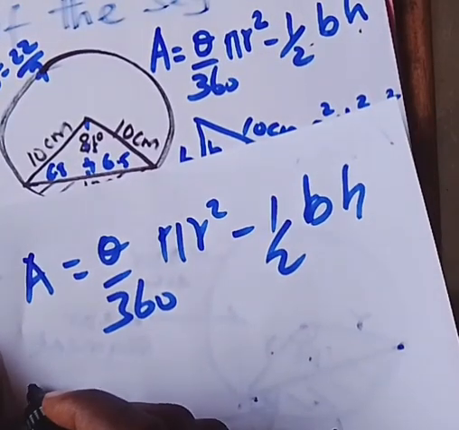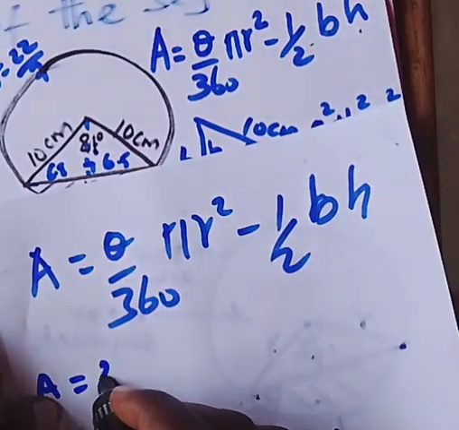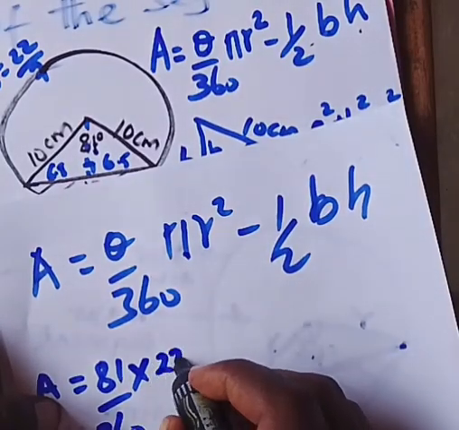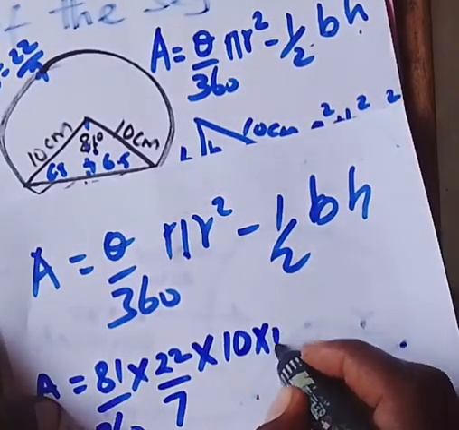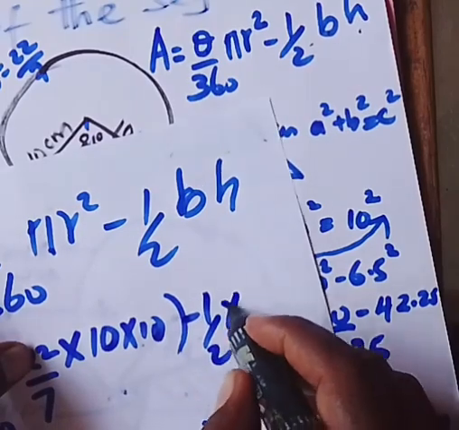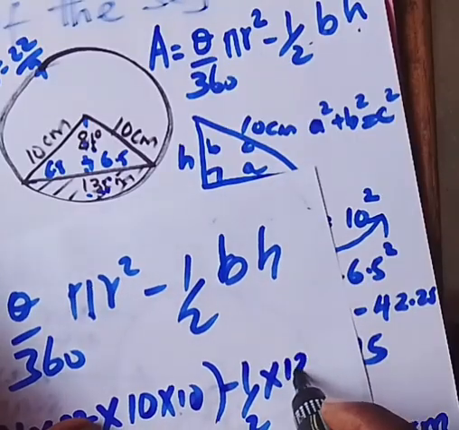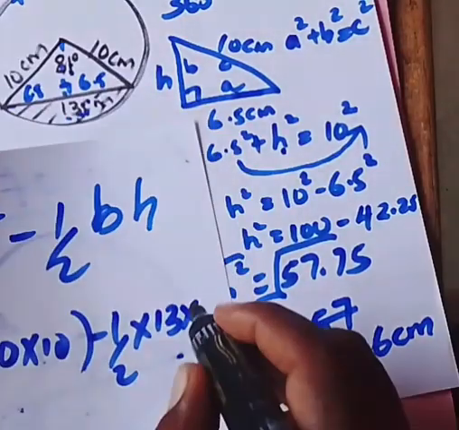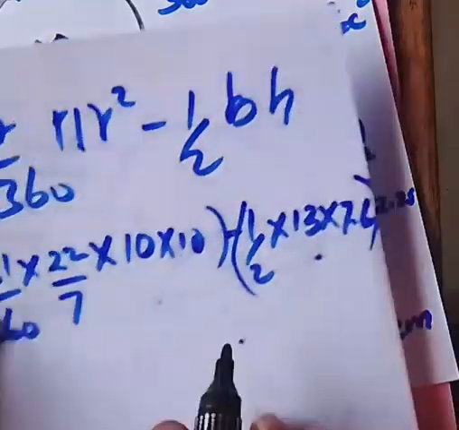We will say the area will be given by theta is 81. So you will say 81 over 360 times pi, which is 22 over 7, times the radius, which is 10 times 10. Can put that one in bracket. Minus half times our base, which is 13, times our height. Our height we got 7.6 using Pythagoras theorem. And now you can also put the bracket.